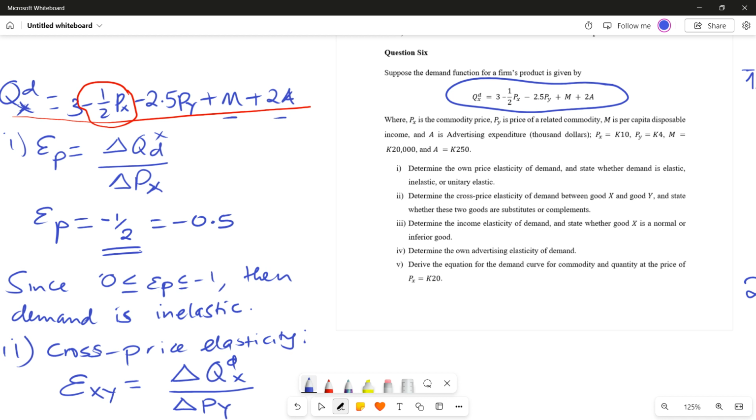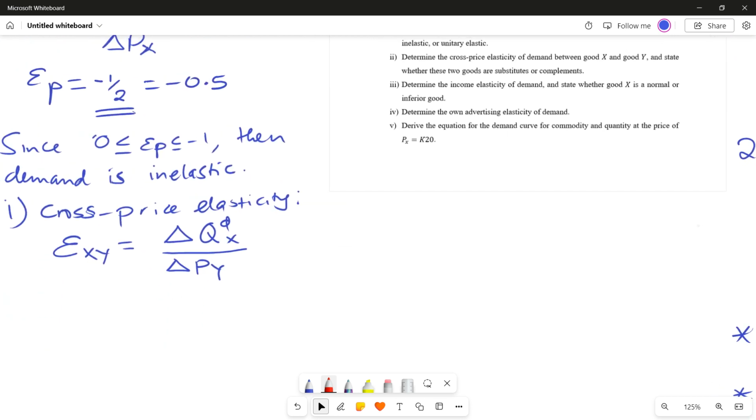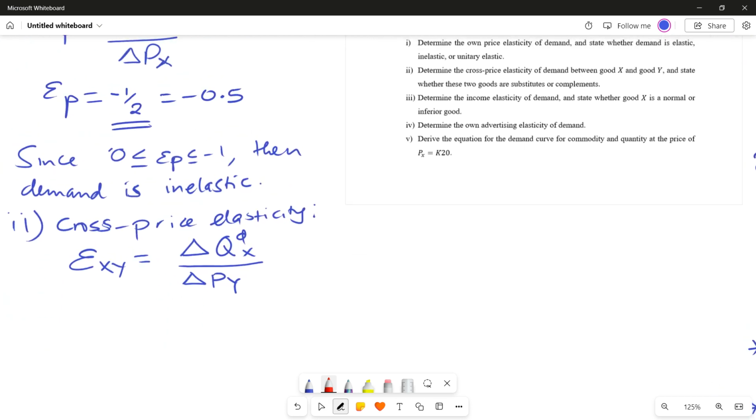partial derivatives. So we go to our equation and check where Py is. Py is there, and that is minus 2.5 Py. So we know that the term where Py is minus 2.5 Py, and we'll have to differentiate this.